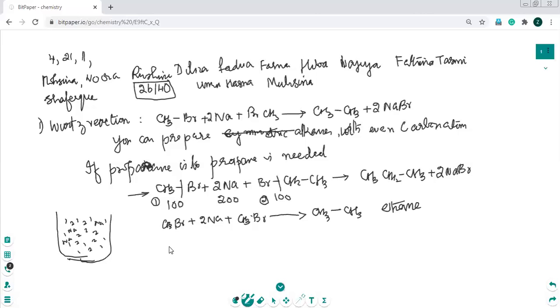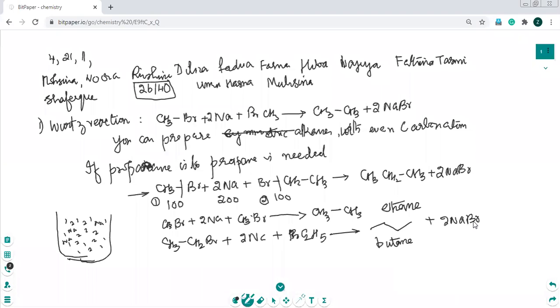Similarly, two molecules of ethyl bromide, C2H5Br, can combine and form butane. So how many products will you get in a single reaction itself? 3 products are possible.